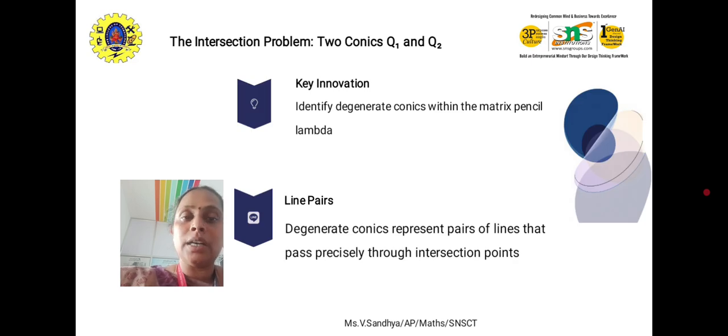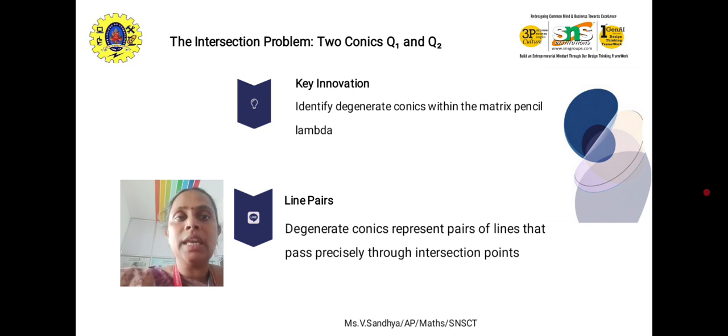Next, in the intersection problems, the conics are generally denoted by Q1 and Q2. First we want to know the key points for conic intersection problems.